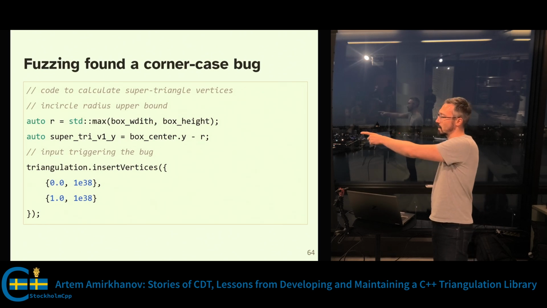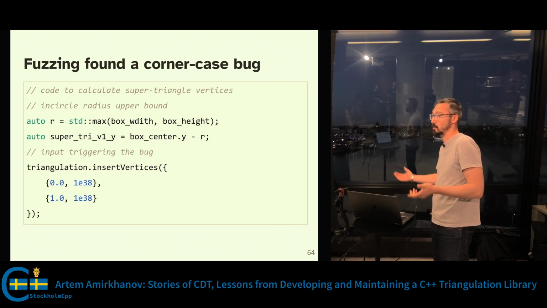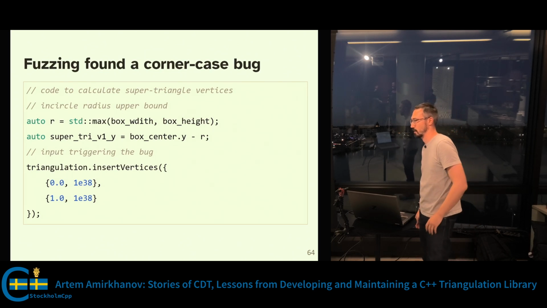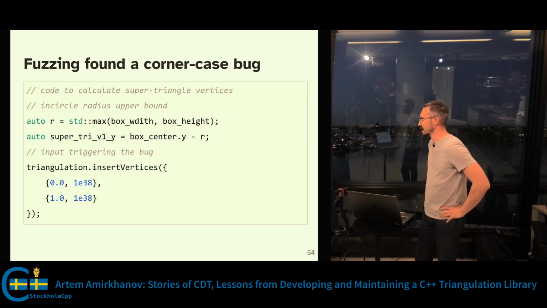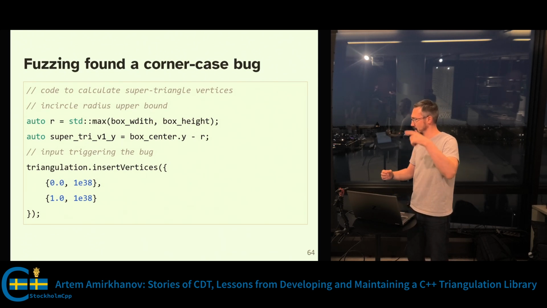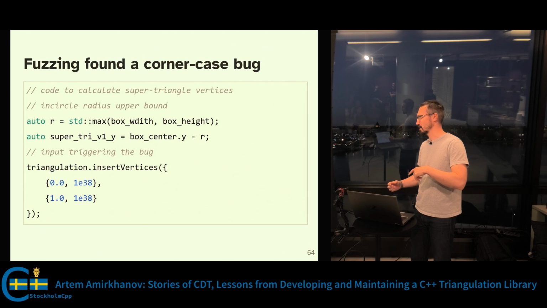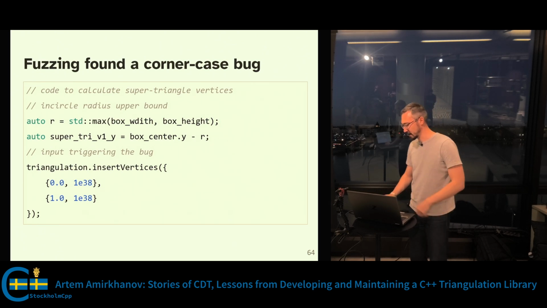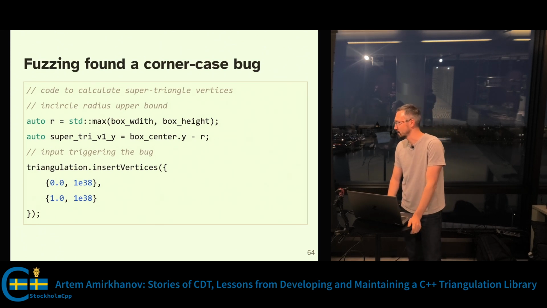And if you add 1 to this huge number, it's just going to be the same number because of the way floating point works. So yeah, I mean, it's a bug. Technically correct is the best kind of correct, right? But I fixed it in a very dumb way. Until this is the same number, I just multiply the R by 2. It's not likely to happen. I don't think so.